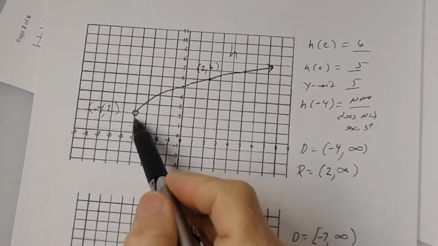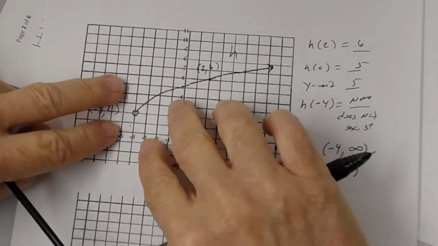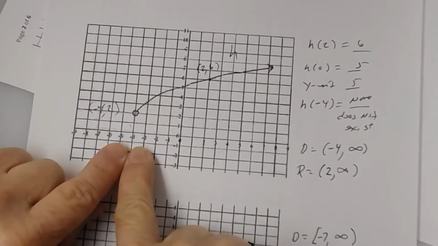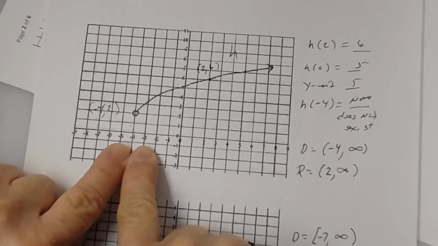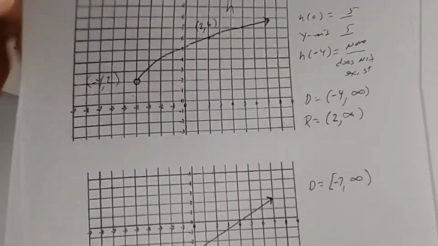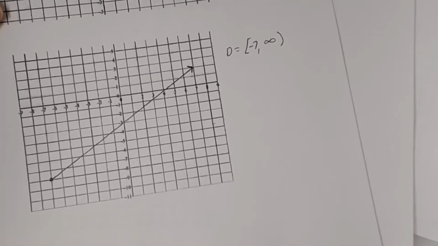Now you may say, well, why do we put an open circle there? Because if I were to magnify this right here, I just want to show you. If I were to magnify from -4 to -3 and expand it, here's what happens.